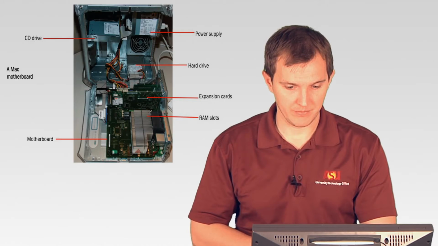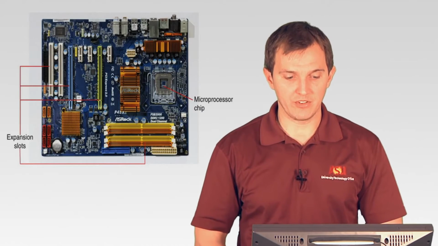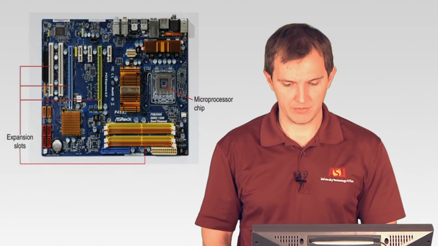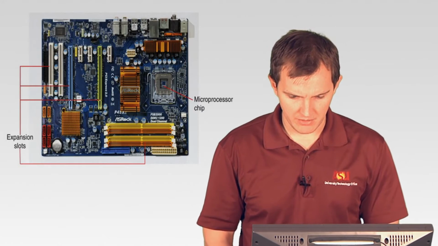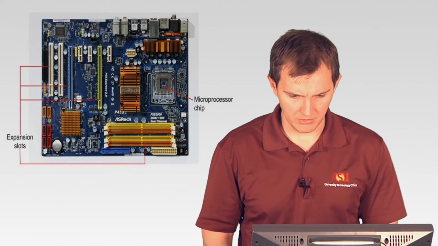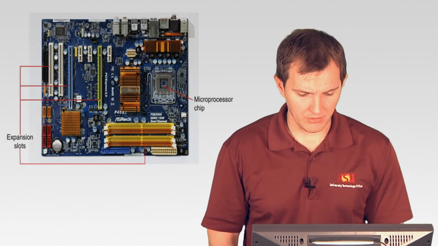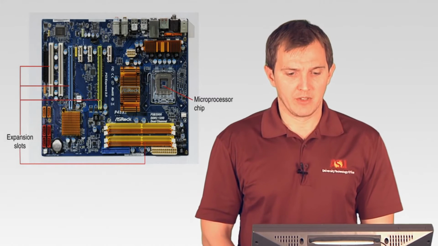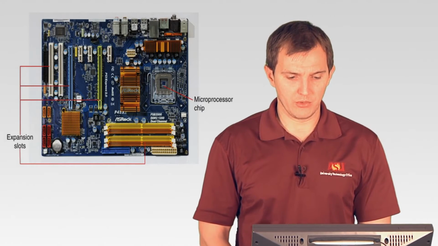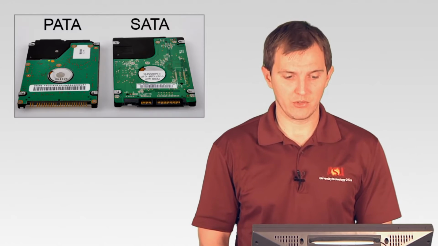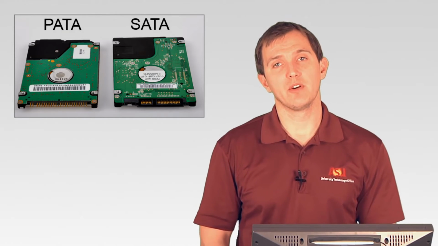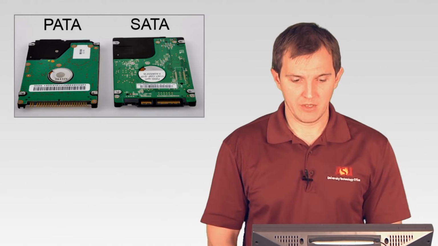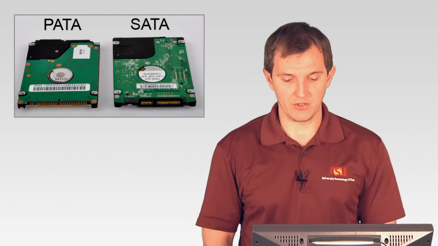So this is a more recent motherboard. It has DDR2, so this one's probably still at least about 5 years old. But it's better in that it actually includes SATA interfaces. Traditionally, the older hard drives use what's called PATA, and SATA is a much, much faster interface.